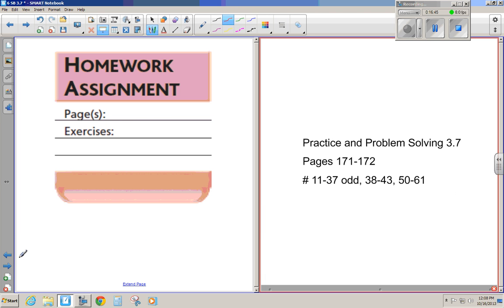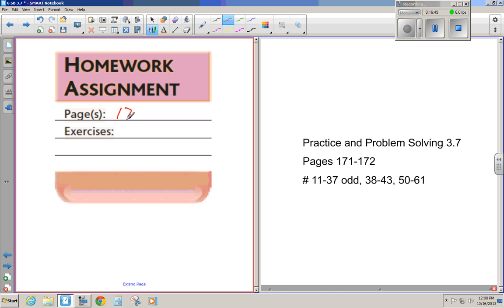Alrighty, so why don't you, as part of these notes, put in page numbers 171 to 172, exercises 11 through 37 odd, 38 to 43, 50 to 61, and, oh, not guided practices for you guys.